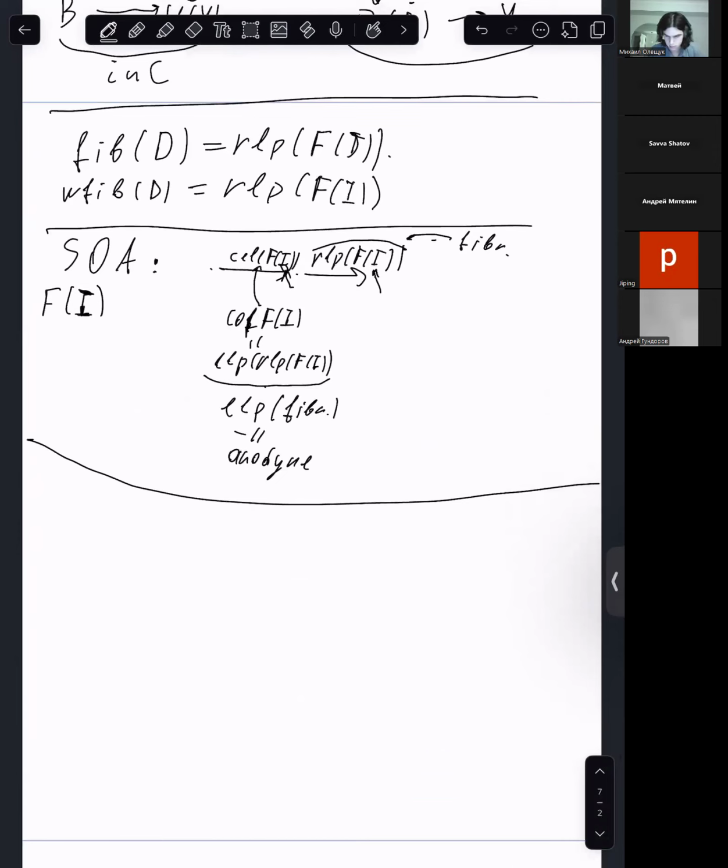Now we will talk about the second condition, that anodyne maps are weak equivalences.